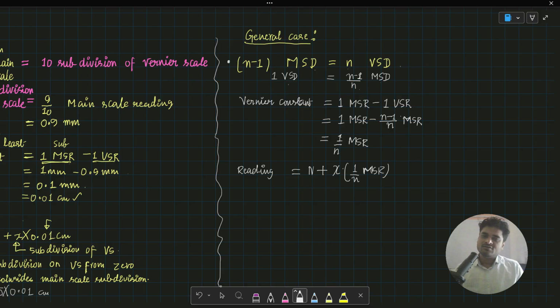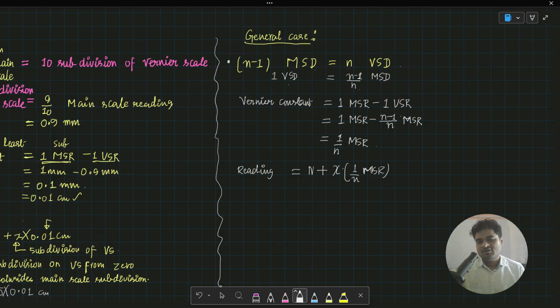And from here we find the Vernier constant or least count of this device, which is 1 main scale subdivision minus 1 Vernier scale subdivision, and from here we get 1 by n of main scale subdivision. So the Vernier constant or least count of this Vernier calipers is equal to 1 by n of main scale subdivision.